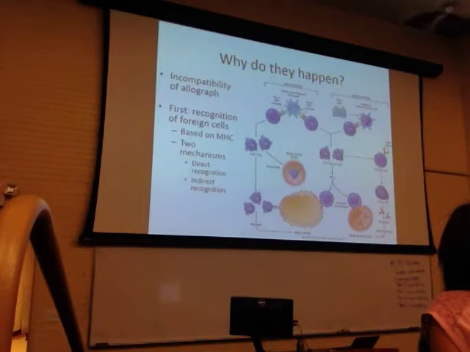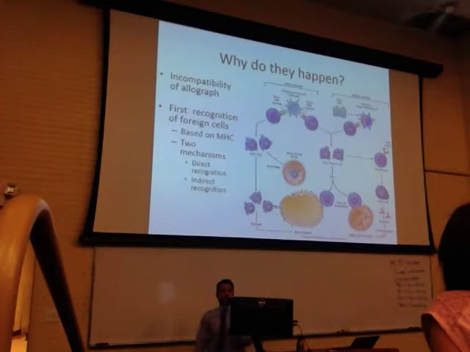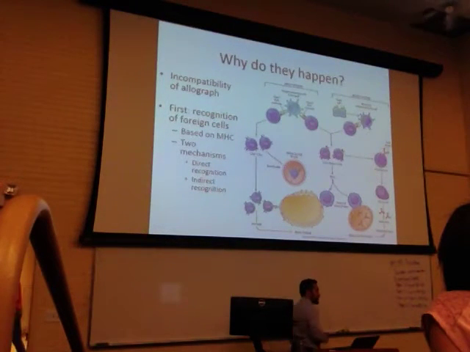Simultaneously, you have MHC class 2 seeing the helper T cell, and you're going to start triggering an inflammatory response against this renal tubule. So this is the direct pathway. The indirect pathway is very similar, but the difference is the antigen presenting cell is in the recipient.